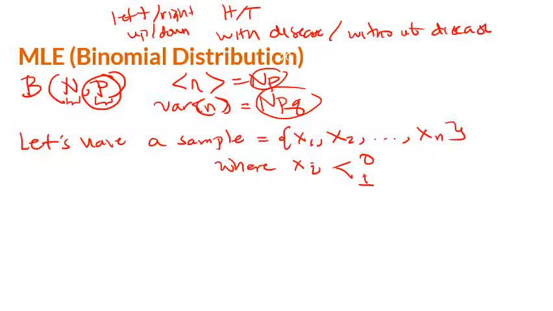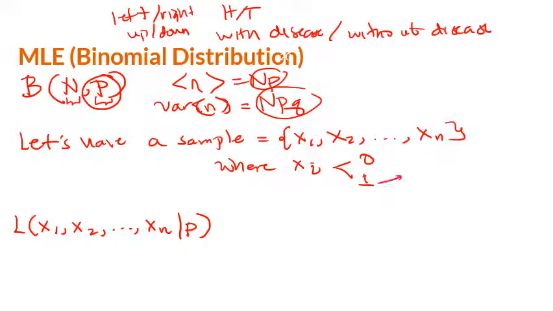So let's now compute for our likelihood function. So ano yung likelihood function natin? x1, x2, and so on until x sub n given our probability p. So let's say yung p natin is associated with this case.